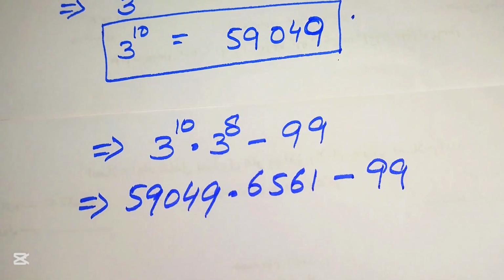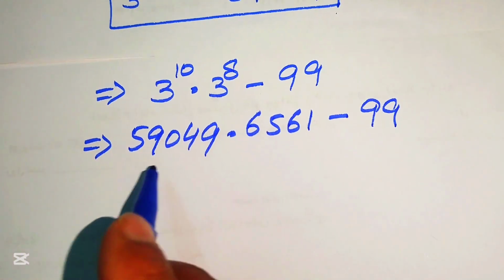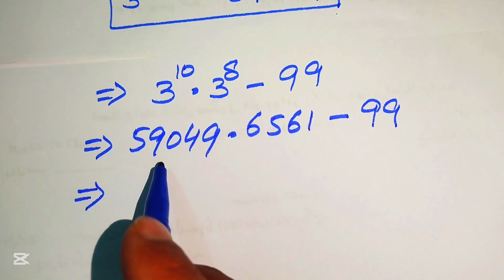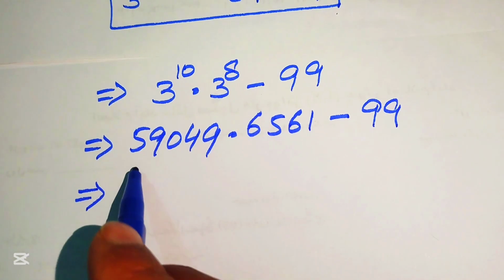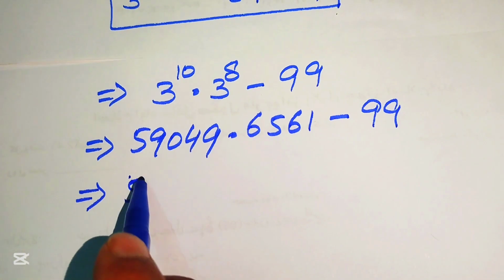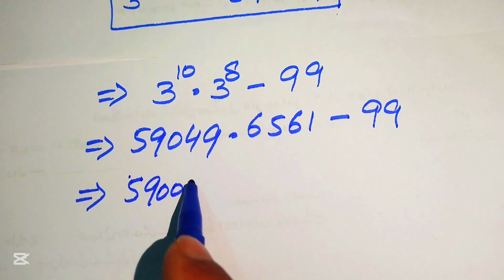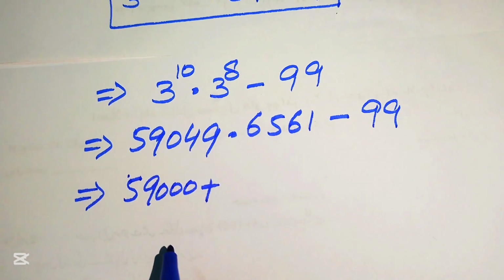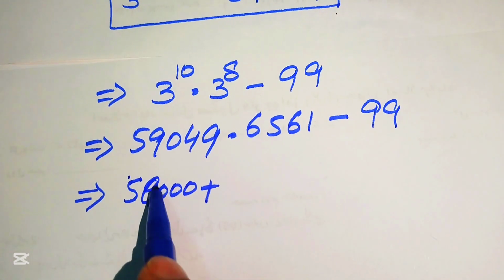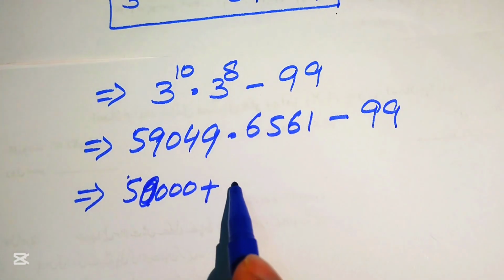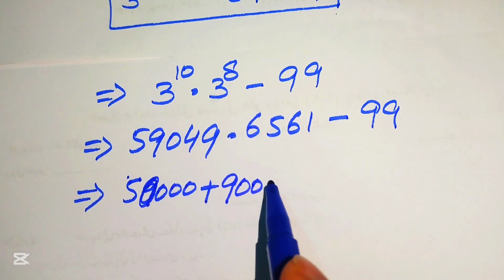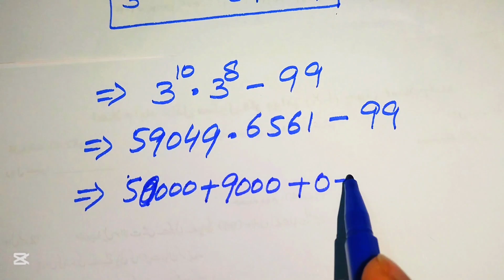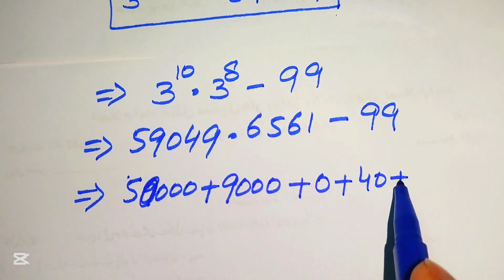99. And now here we will break this greater number. So our greater number is this one, and now we can write this into the hundred or thousands form. So we write it as 50,000, and plus we have 9,000 and plus 0 plus 40 and plus 9.